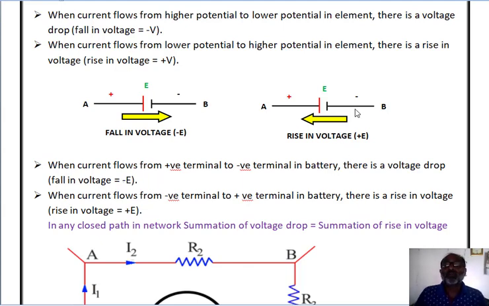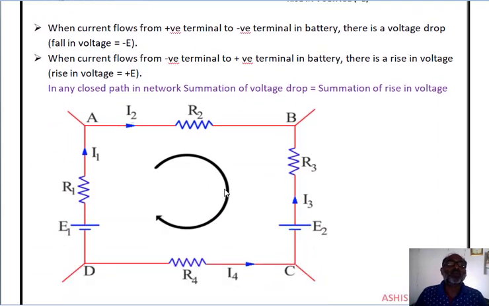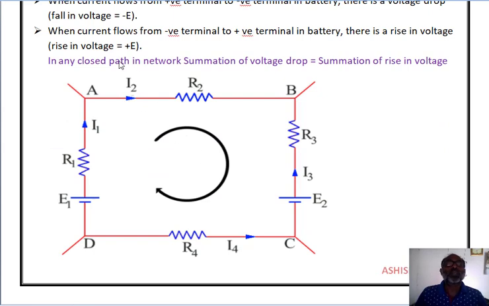Similarly, when current flows from negative terminal to positive terminal in the battery, there is a rise in voltage, and it is taken as a positive value. So from that we can say that in any closed loop in a network, summation of voltage drop is equal to summation of voltage rise.